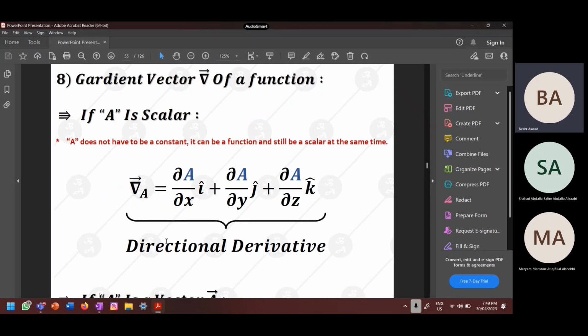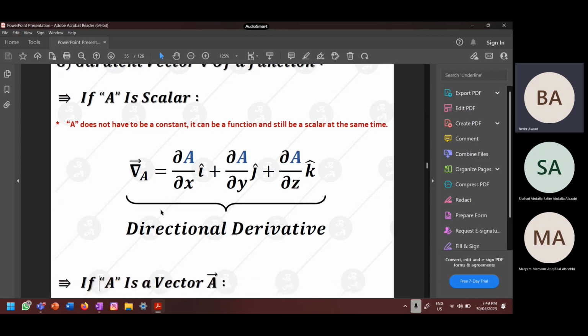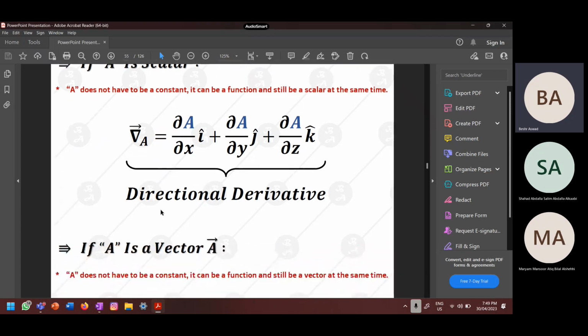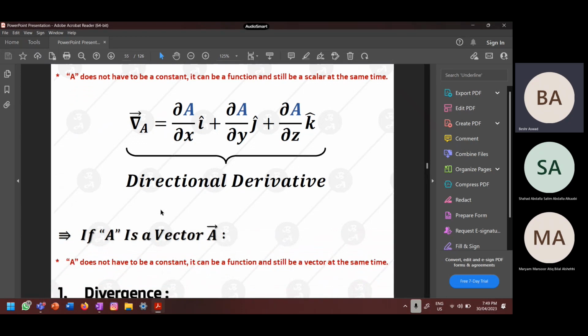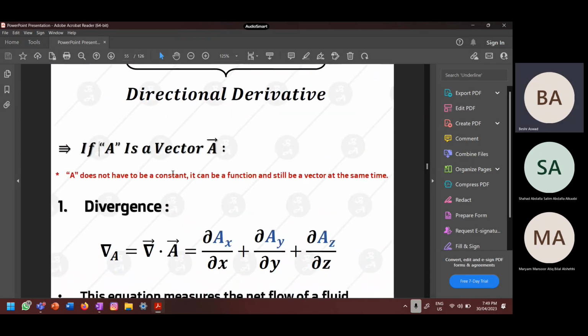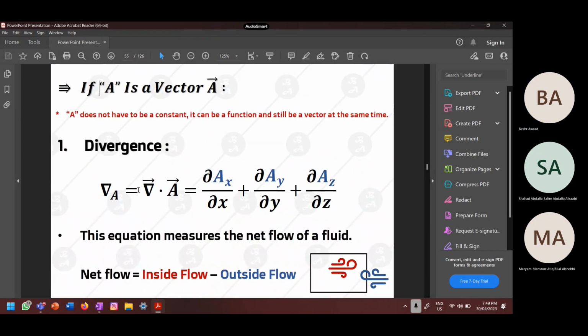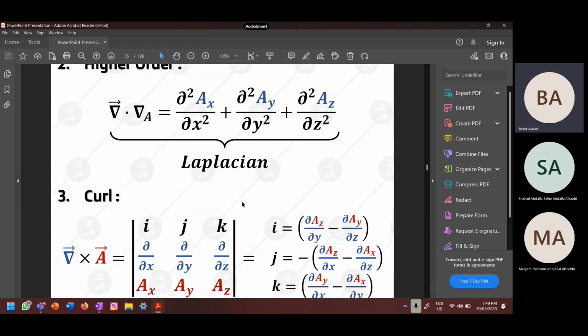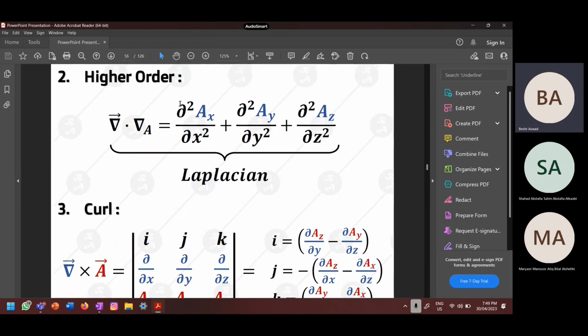Now you're going to learn to operate on finding the gradient vector of a function, or what's called the directional derivative. You can study it as a vector or a normal function, or even a new, different type, which is called the Laplacian.